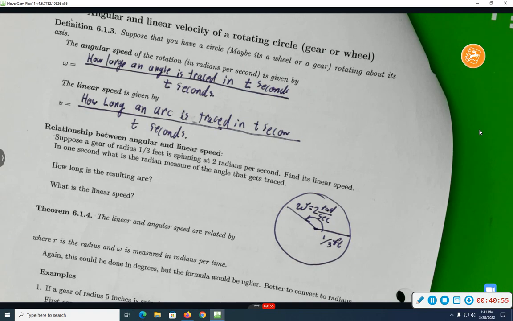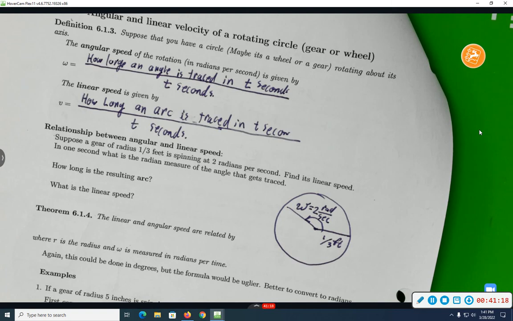This gear is spinning 2 radians per second. So in 1 second, how large an angle is traced out by this gear? If something goes 2 radians per second, and you let it go for 1 second, then how many radians has it gone? 2, right?